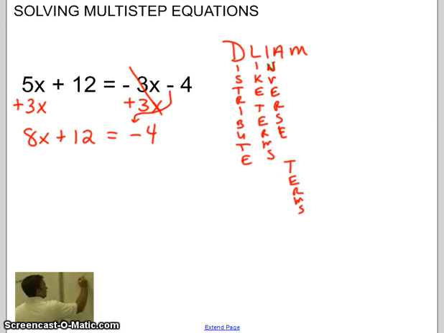It's a common mistake that people would just bring down the 4. The next step, and we did this before, is can I add or subtract? Are there any numbers that I can add or subtract in my equation? Yes, I have my variable on this side, so I want to subtract 12 to get rid of it away from my variable.